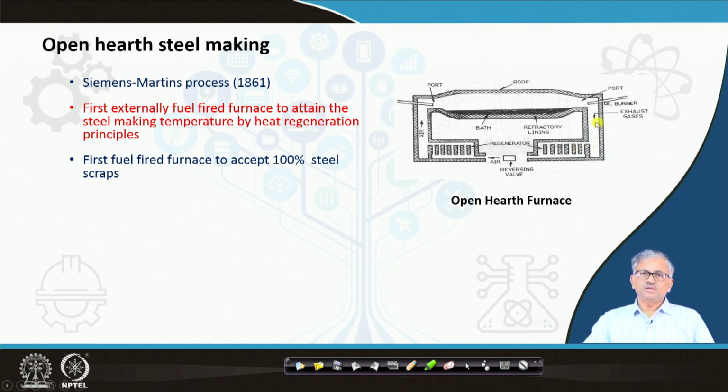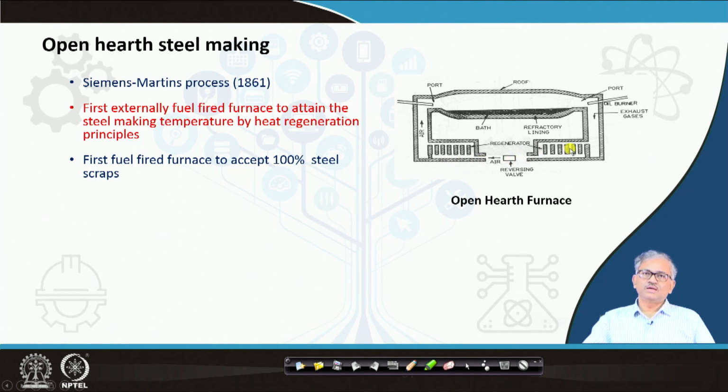So here the air is coming, and then they exchange the heat with the brick, and the brick gets heated up, and stores the heat, and the gas comes out and then goes to the stack. In the next cycle, it is already heated up, and the air is going. The air gets preheated, and then the preheated air comes, burns the oil, and the exit gas comes, and then again it hits the brickwork.